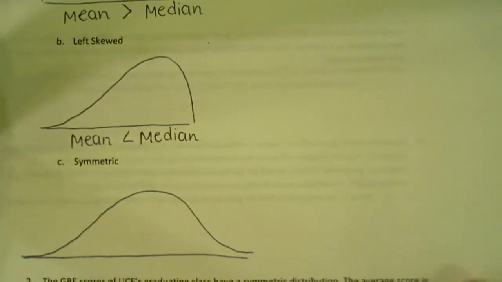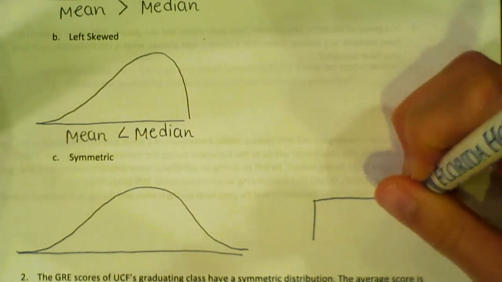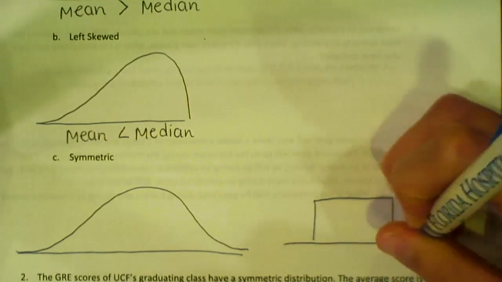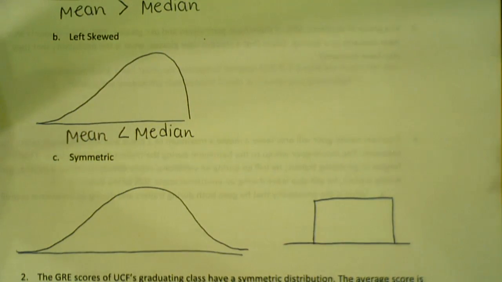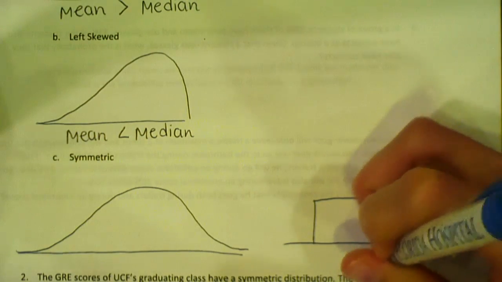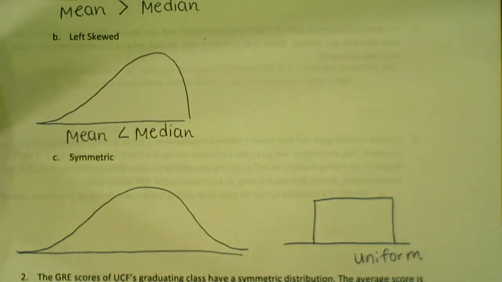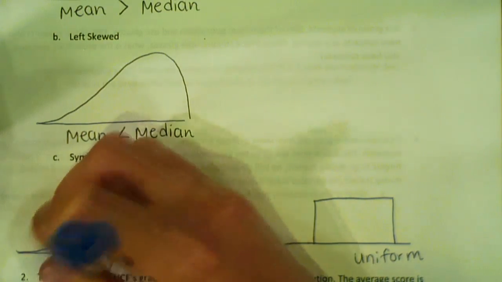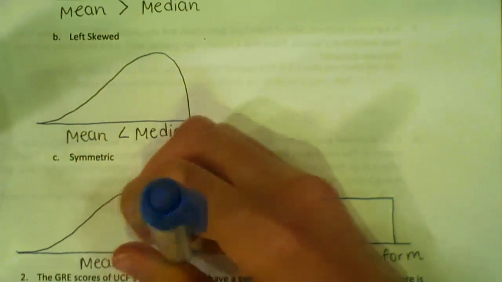And then we could also have more like a uniform distribution. And here, how were the mean and the median related? Equal, exactly. Okay.